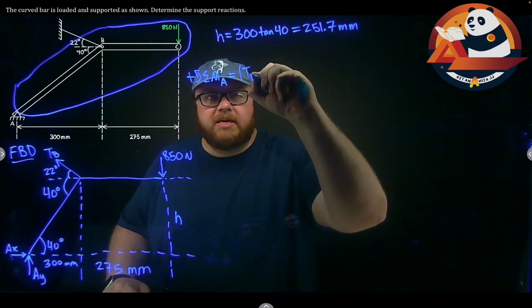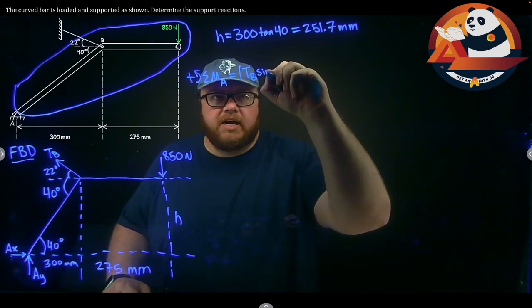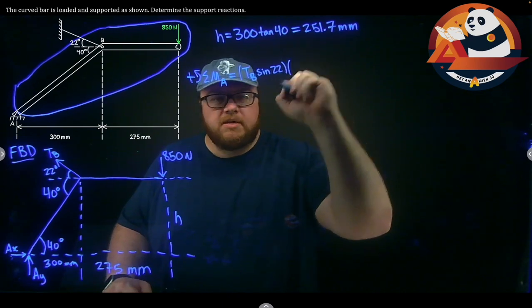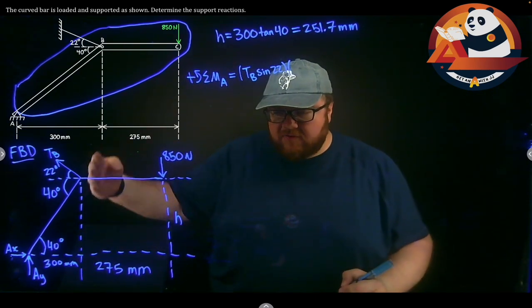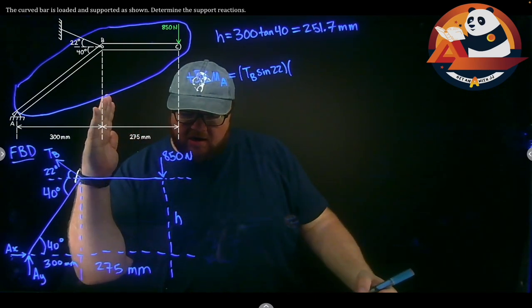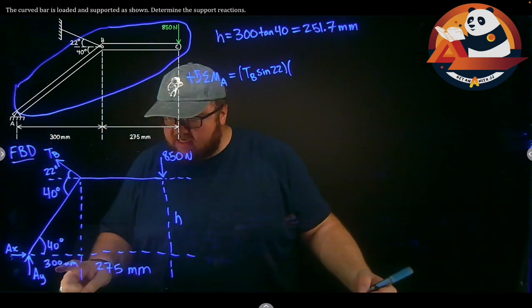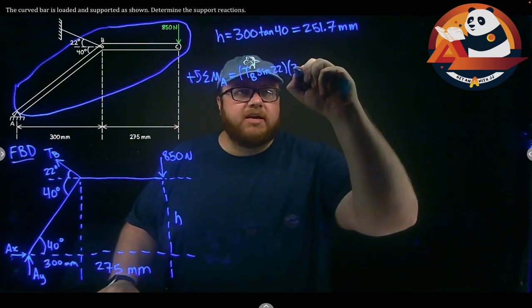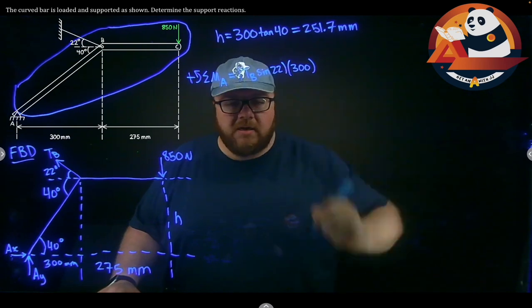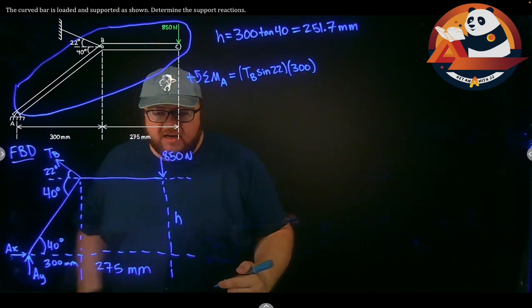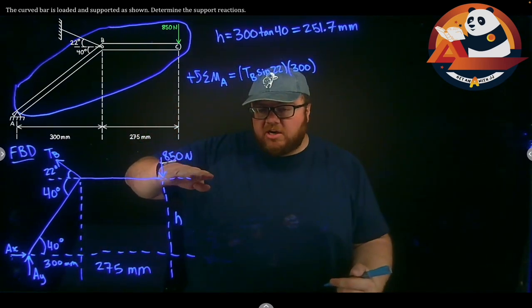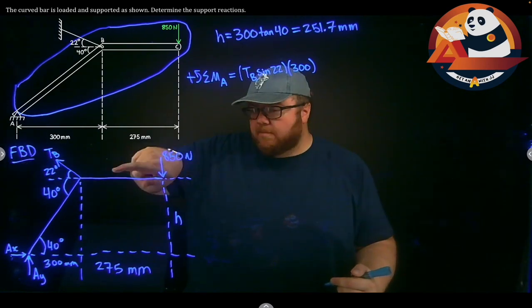TB sine 22 times the distance in the X from TB's Y component over to A, which is 300 millimeters, times 300. And then we can get the X component in. That X component should be going horizontal right here, pointing to the left.